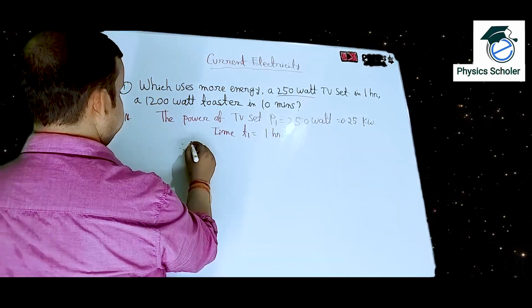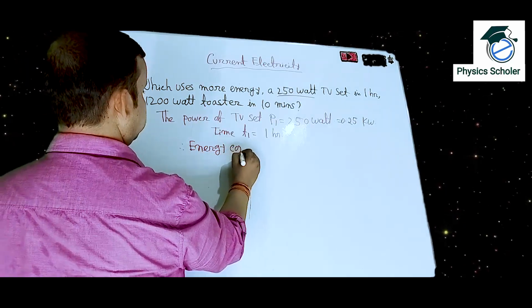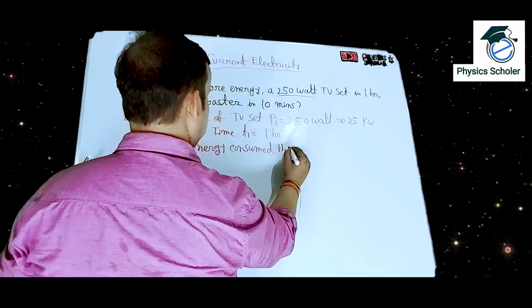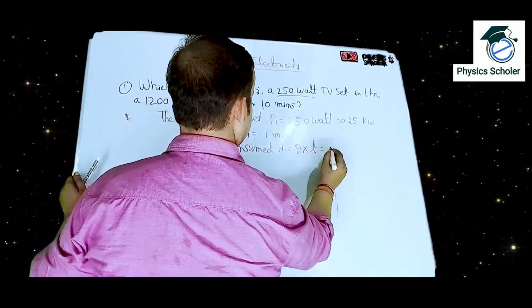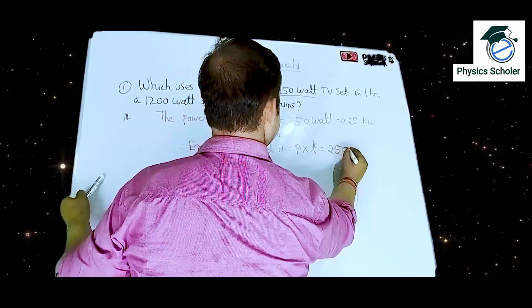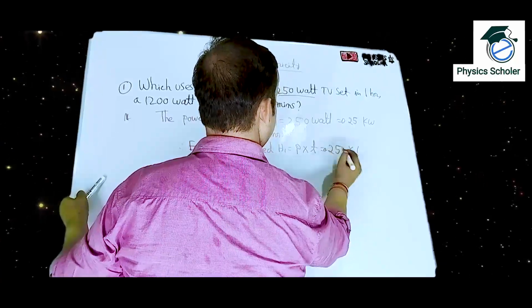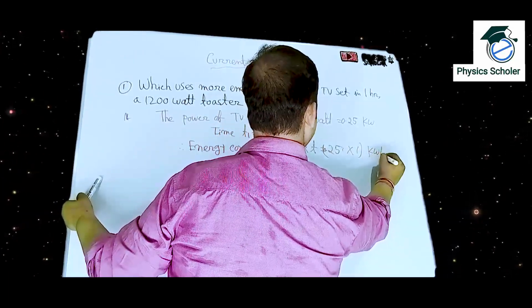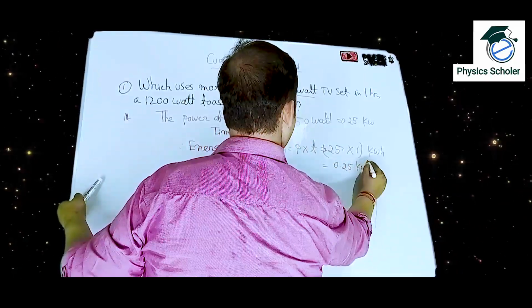So energy consumed H1 is equal to P into T. P is 0.25 into 1, so 0.25 kilowatt hour.